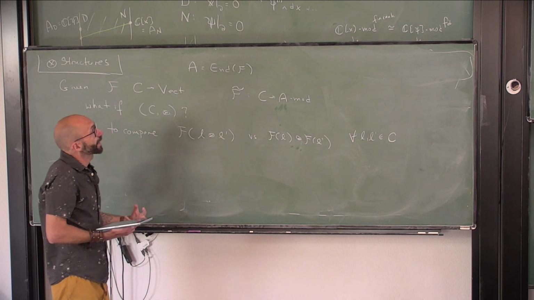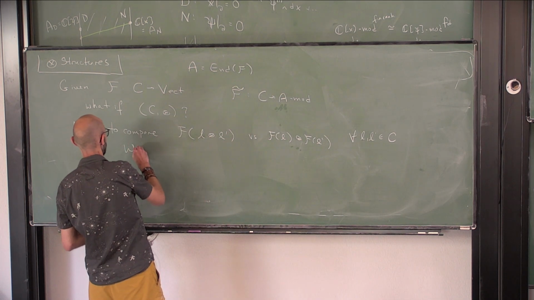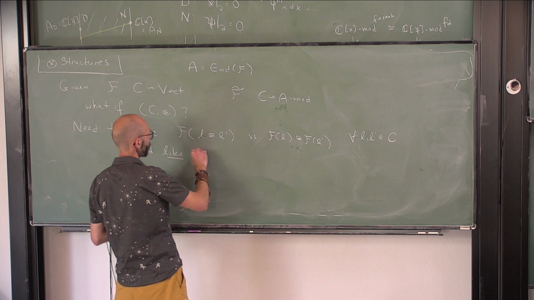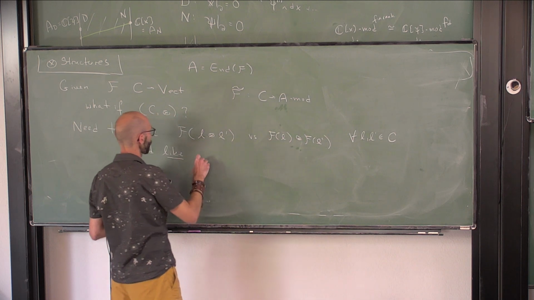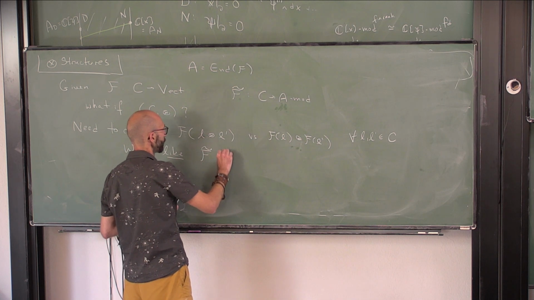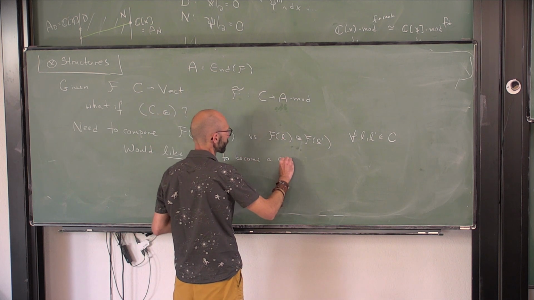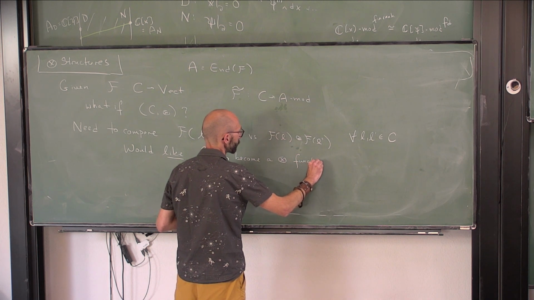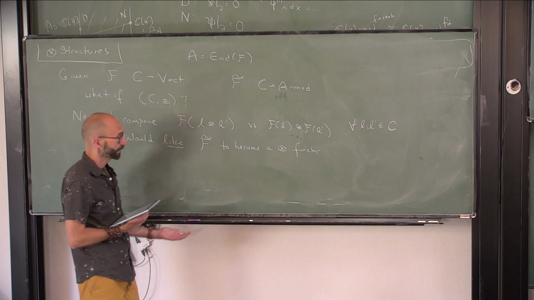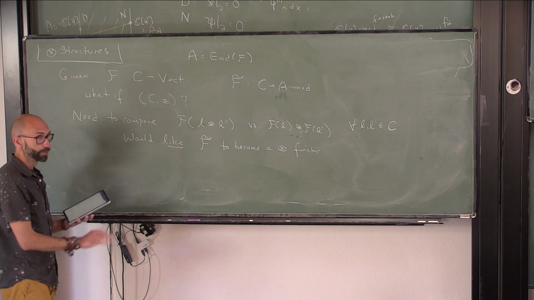Specifically, the thing you would really like is to put some structures on A so that F tilde actually preserves the tensor product. And there are many options.